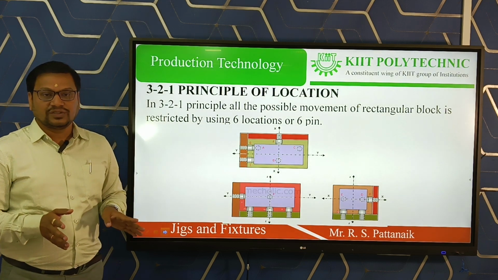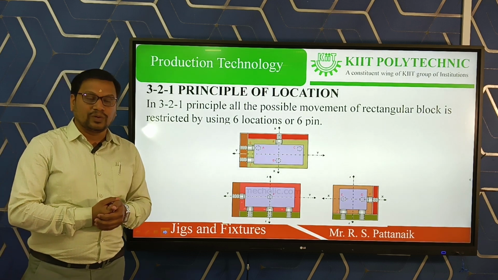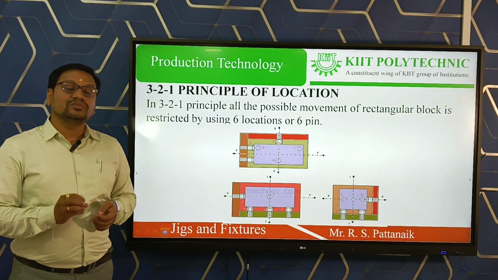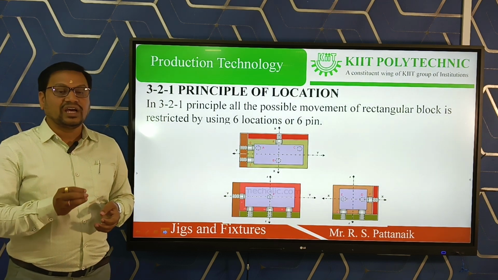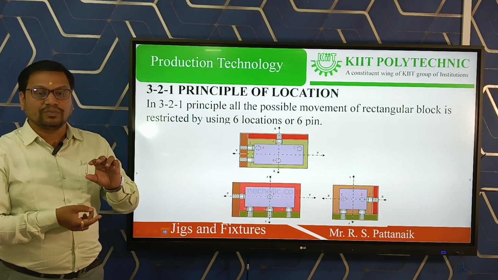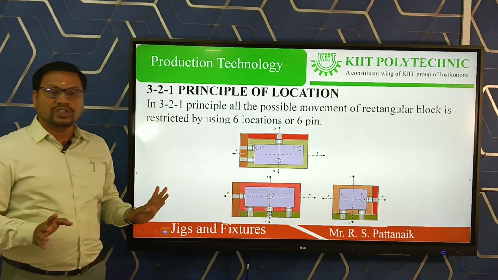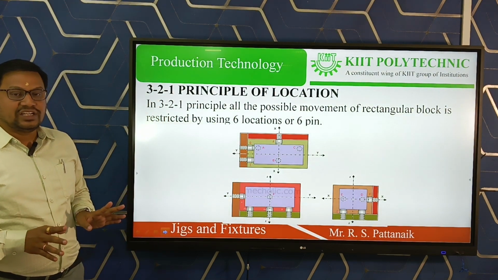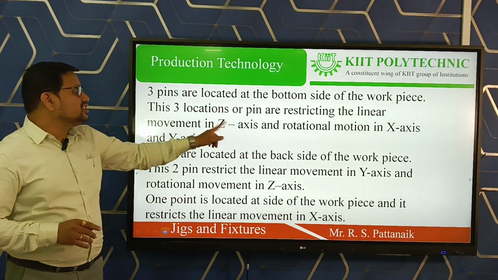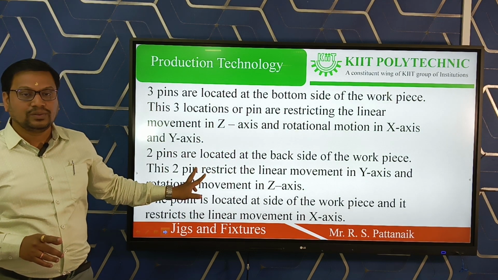In the 3-2-1 principle of location, 3 pins are located at the bottom side of the workpiece, which can restrict the linear motion in the z-axis and the rotational motion about the x-axis and y-axis.